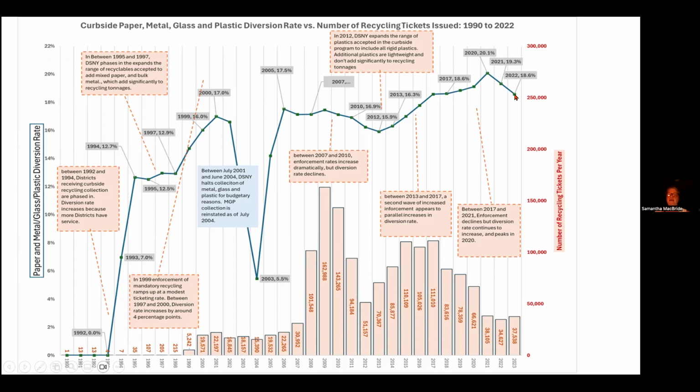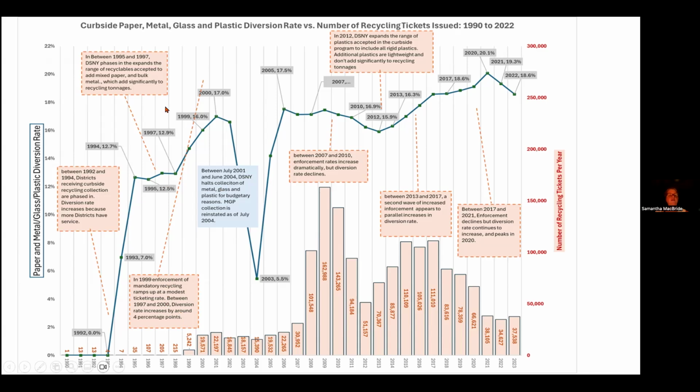But basically, at the end of almost 30 years, we're at the same rate that we were not that long ago, and yet we have these dips. And because I know about the history of the recycling program, I know some of the qualitative reasons why we're seeing these rapid changes.